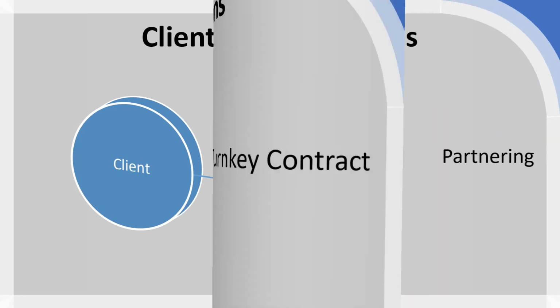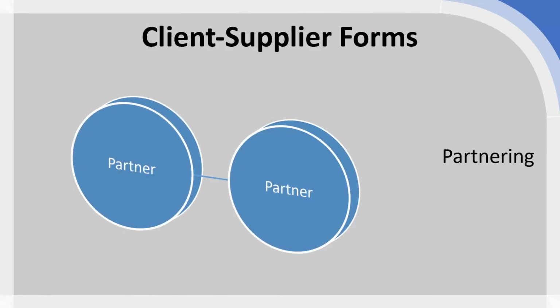The last form, which is the other form of a single supplier relationship, is partnering. So this is similar to a single contract, in that you're dealing with a single supplier, but the relationship here is very much a two-way relationship where the supplier doesn't just contribute the input, but also contributes expertise, experience, and building towards a common goal.